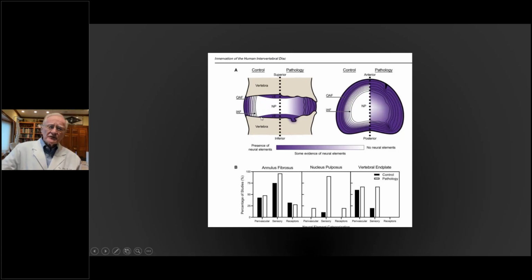But with discal degeneration and the aging process, you can see here that all of the chemical inflammation creeps into the nucleus itself. The nucleus begins to be more and more heavily innervated with sympathetic nerves. Yes, even the DRG itself sprouts nerves directly into the intervertebral disc.